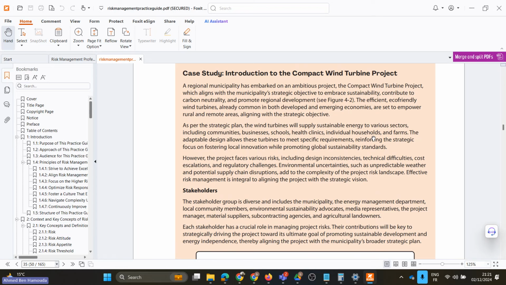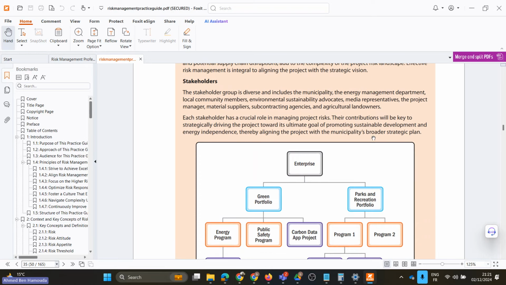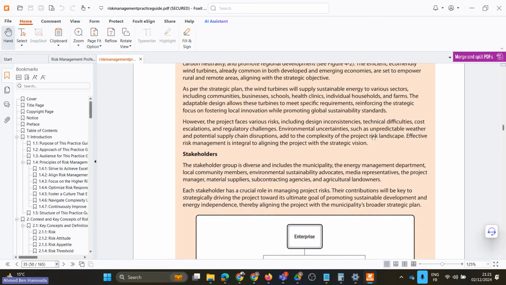Here it says a regional municipality has embarked on an ambitious project, the compact wind turbine project, which aligns with the municipality's strategic objective to embrace sustainability, contribute to carbon neutrality, and promote regional development, as depicted in the next figure.